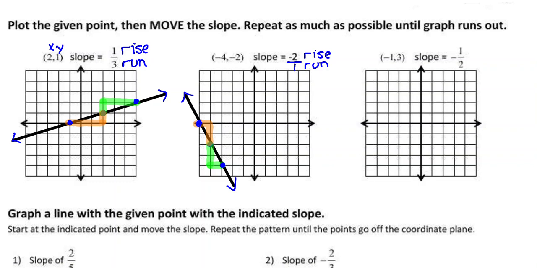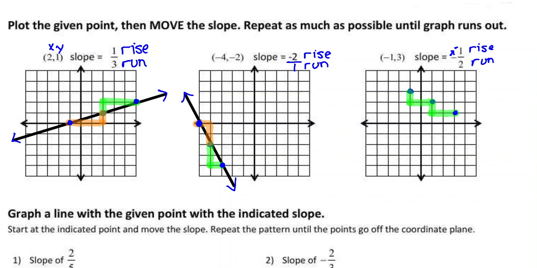Okay, last one we're going to do together. We have -1, +3. Now, negative numerators, so rise -1, run 2. So I have down 1, right 2. Down 1, right 2.